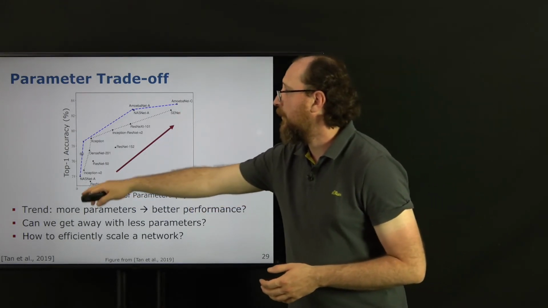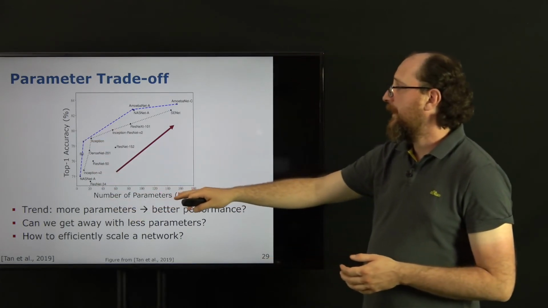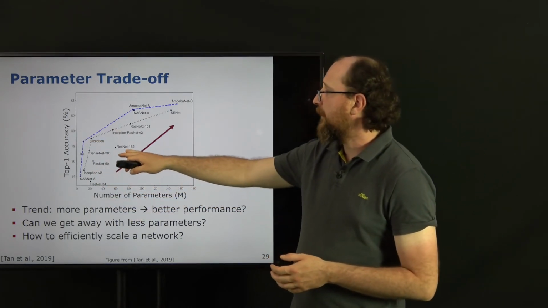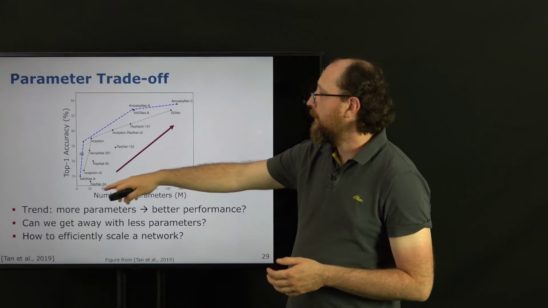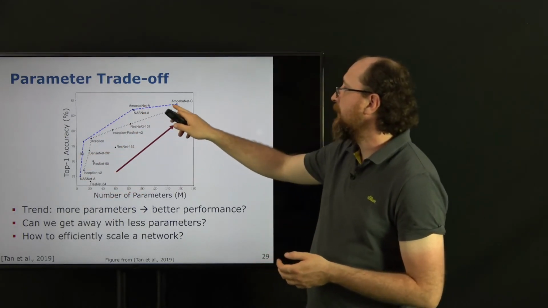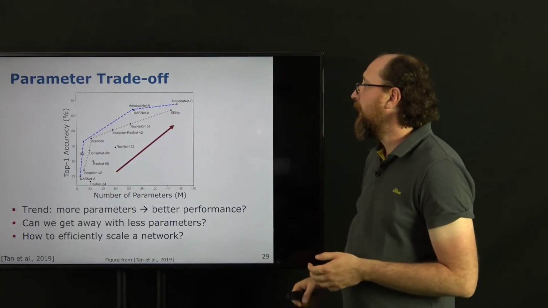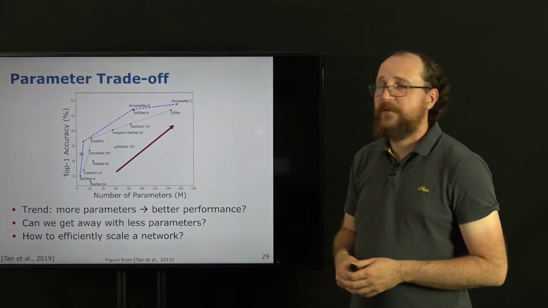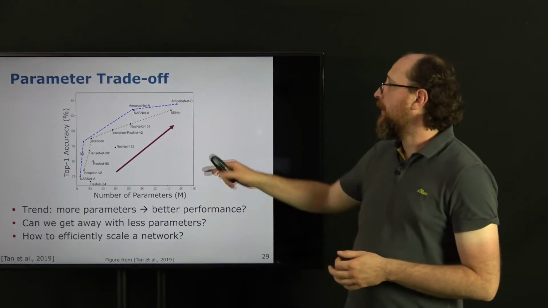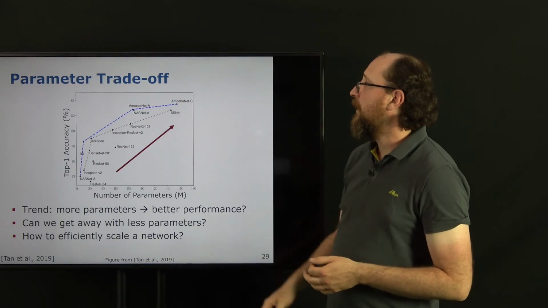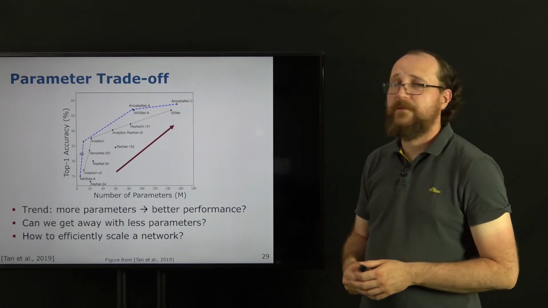Here is the top 1 accuracy. Here we have the ResNet 152, and here on the blue curve are different upscaled versions of the MobileNet, and the MobileNet now reaches something like a top 1 accuracy of 83%.